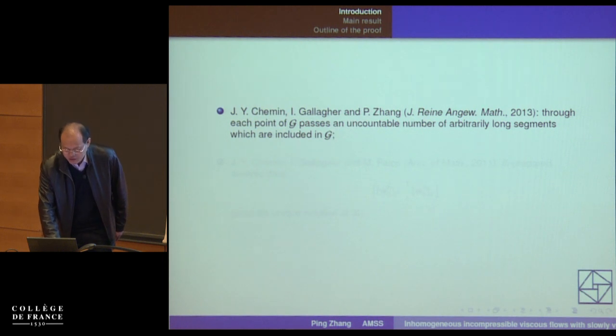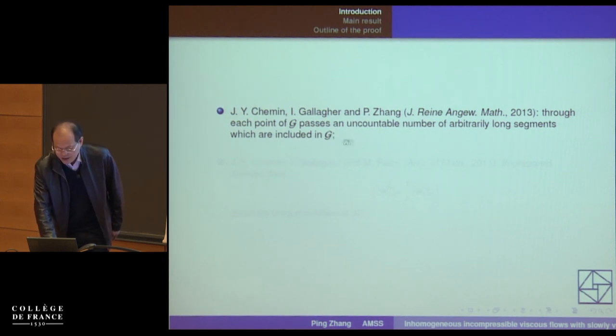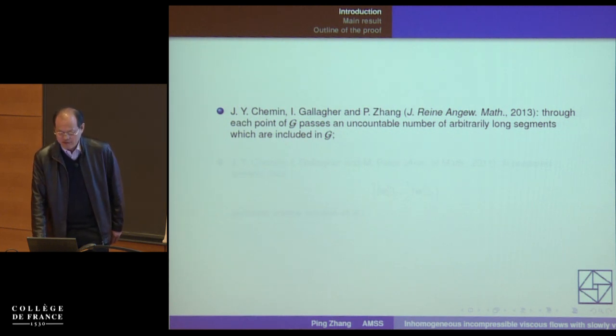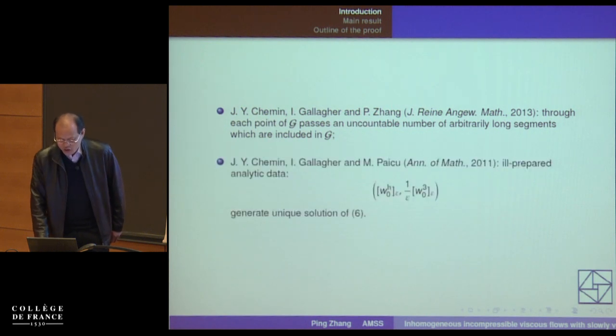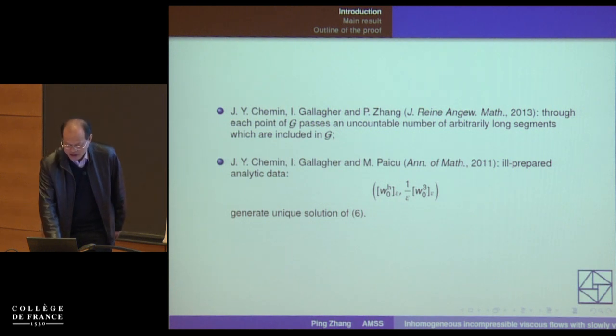In fact, in joint work with Jean-Yves and Isabelle, we can prove that through each point of G passes an uncountable number of arbitrarily long segments which are still included in this G. And in fact, Jean-Yves, Isabelle and Marcel Paicu proved the global well-posedness of the classical Navier-Stokes system with these so-called ill-prepared initial data, provided that this profile, W0, belongs to some Banach space, which is small, and which is analytic in the x3 variable.